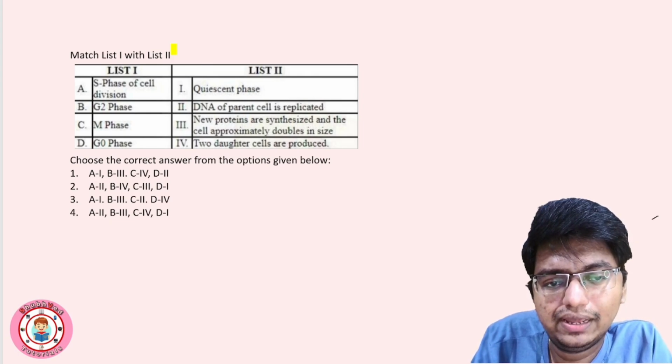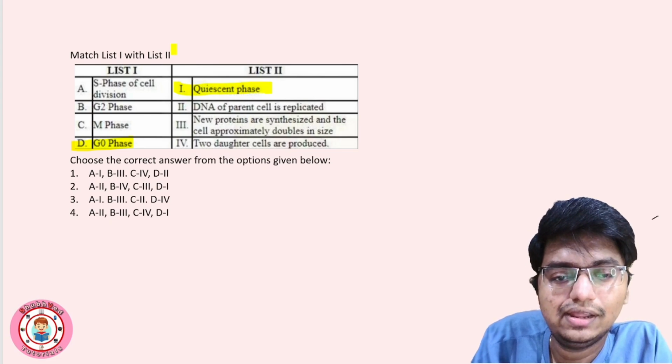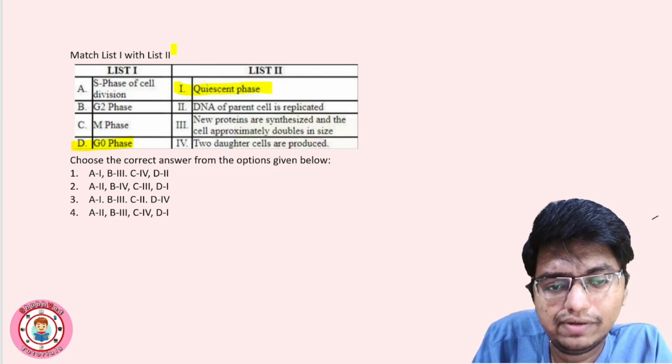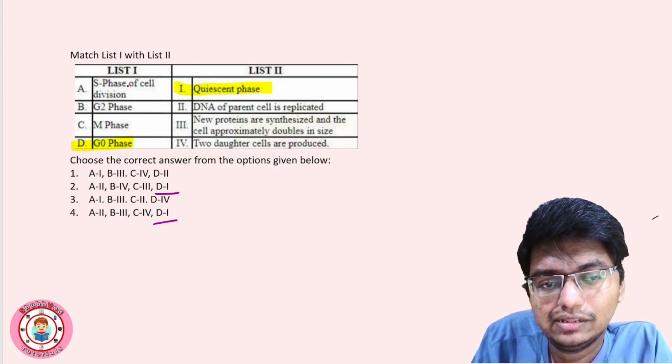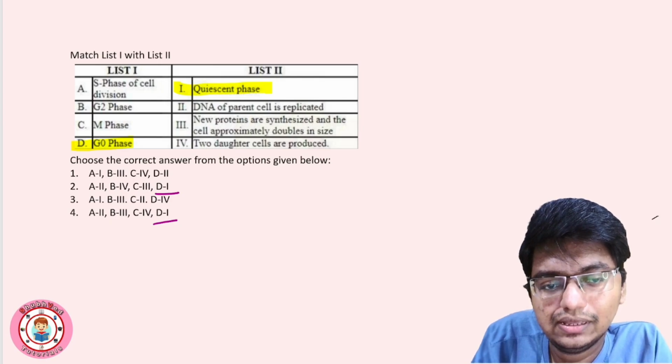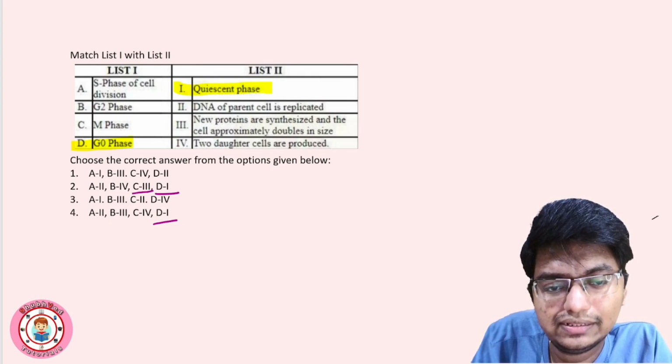Now here is the G0 phase, G0 phase. What will it be? Quiescent phase, right? D1. So D1 is present in option 2 and option 4, right? Now let's see C. In option 2 there is 3 and 4.